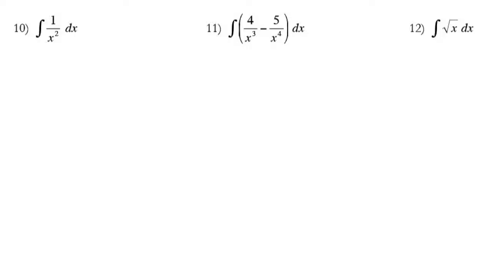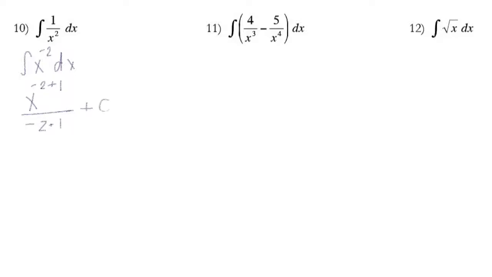Okay, with these problems, this is just like how we had to do some rewriting when we went through our power rule. So we're going to have some rewriting here. So let's rewrite this to be the integral of x to the negative 2 dx. Now when we add 1 to our exponent, please watch your signs. That's going to be negative 2 plus 1 over negative 2 plus 1.